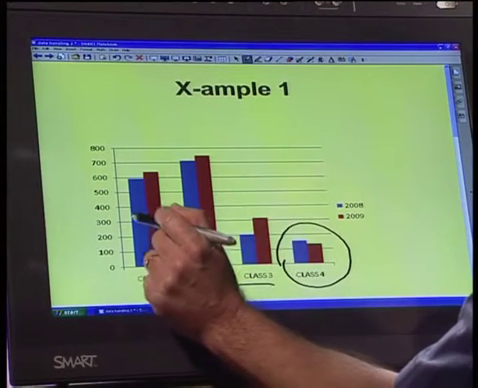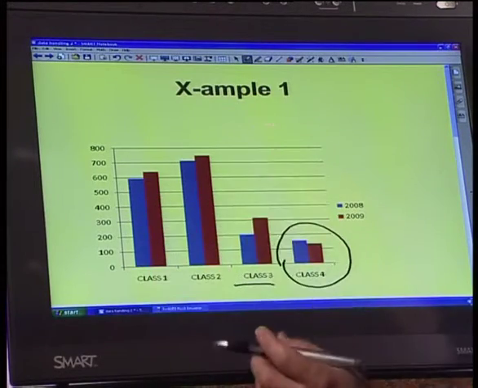Of course, if we were just given the chart, we would find it more difficult to read that number accurately. I can't, for example, see that this line is meeting 309 over here. It's definitely above 300 and only just a little bit above, but it is not anywhere near the 400.